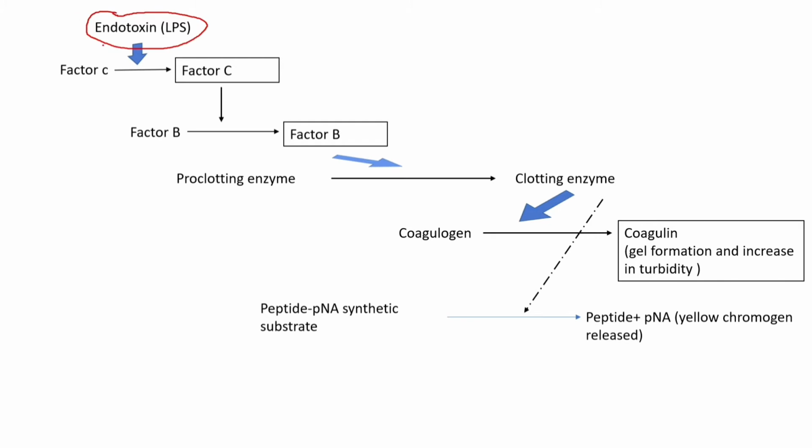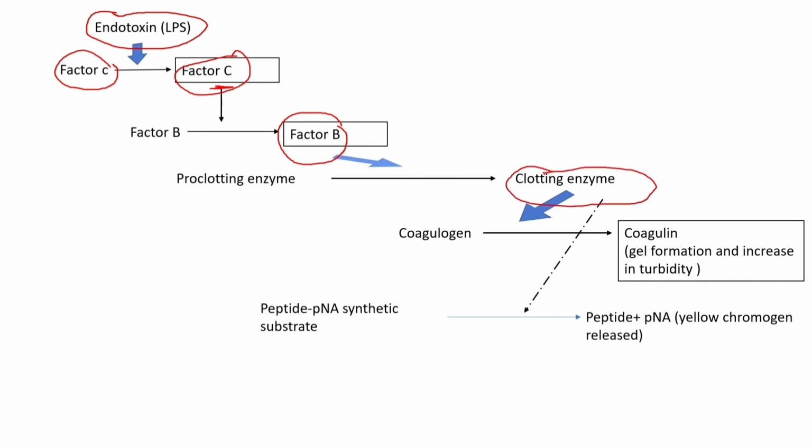This endotoxin activates factor C, and this activation of factor C leads to the activation of factor B. Factor C is a serine protease precursor, and the subsequent activation of factor B activates the proclotting enzyme into the clotting enzyme.